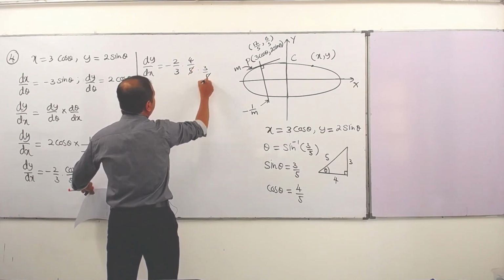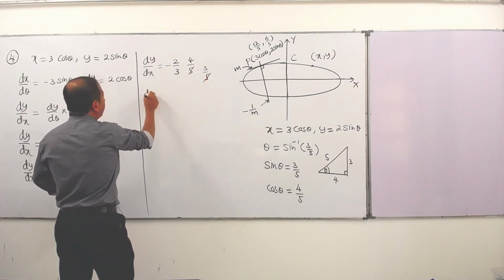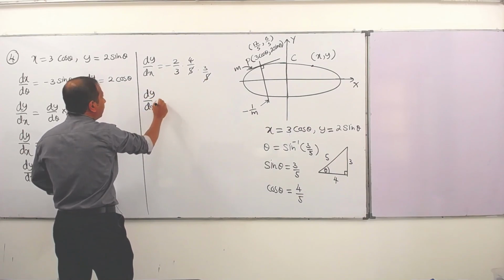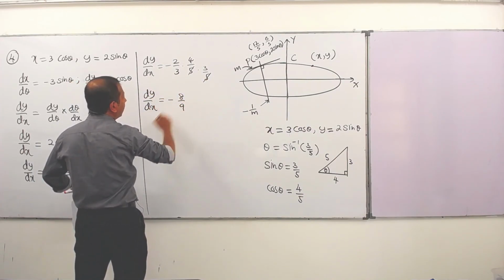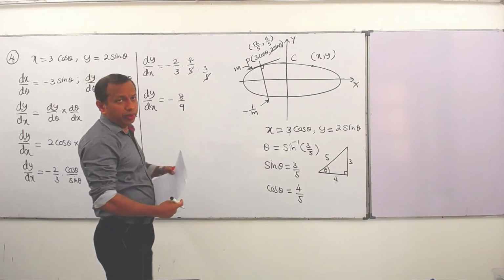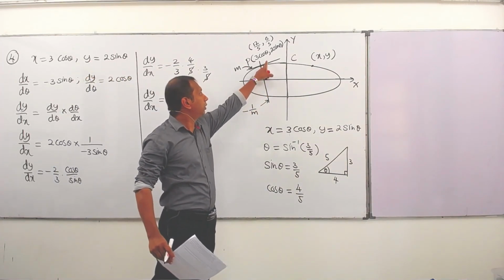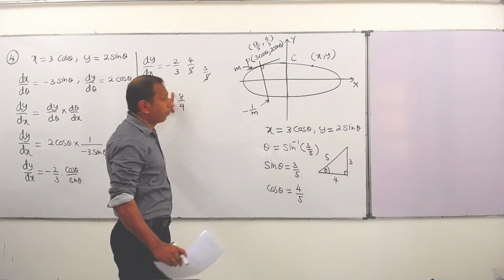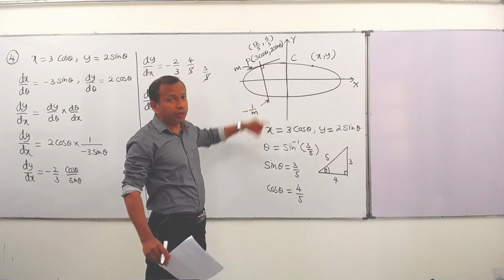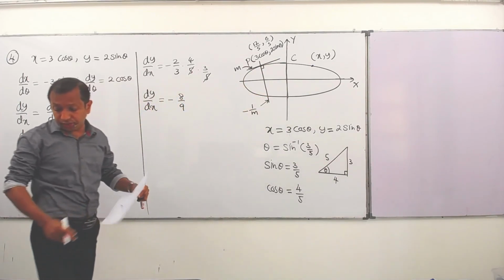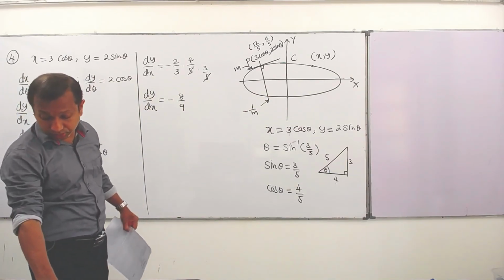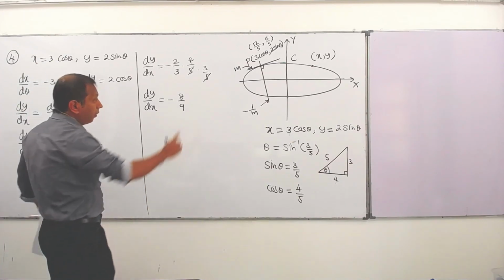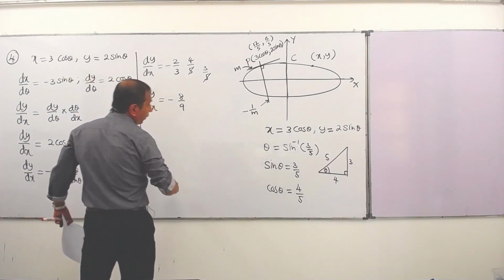The 5s cancel down, and we get dy by dx equal to minus 8 by 9. So the gradient of this tangent is this. The gradient of the perpendicular is found by taking the reciprocal of this and multiplying by a minus sign.